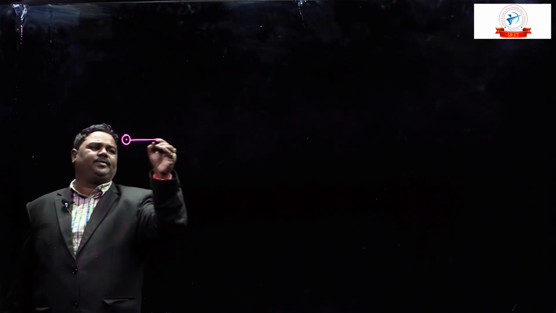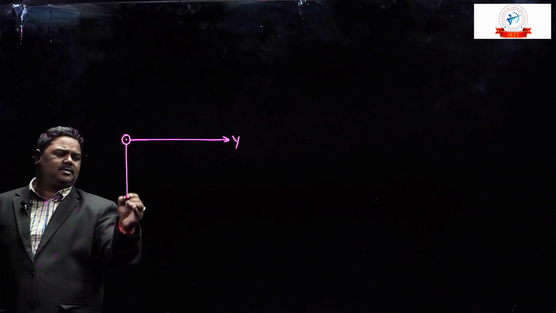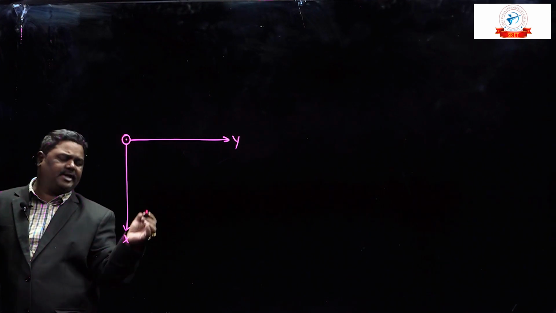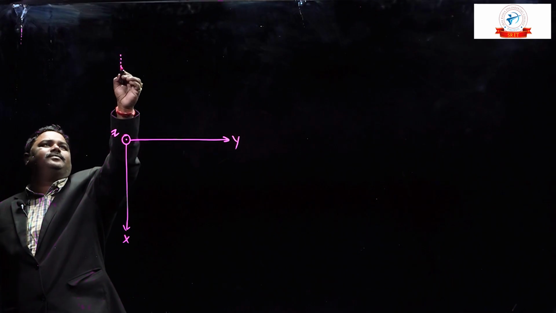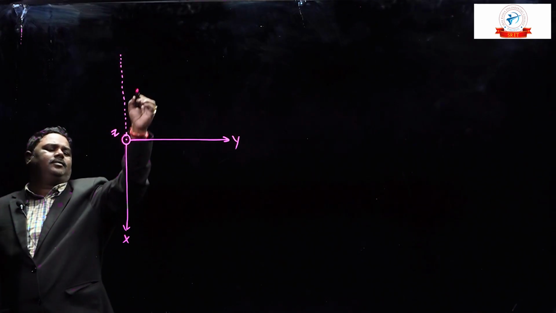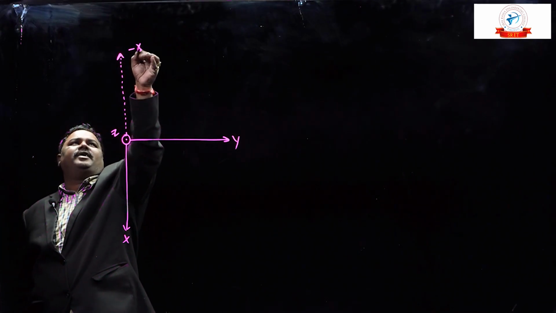Now let us represent all the unit vectors at a particular point in the cylindrical coordinate system. That means I consider the top view of the coordinate axes. This is the y-axis, x, and outwards is z. This is minus x.